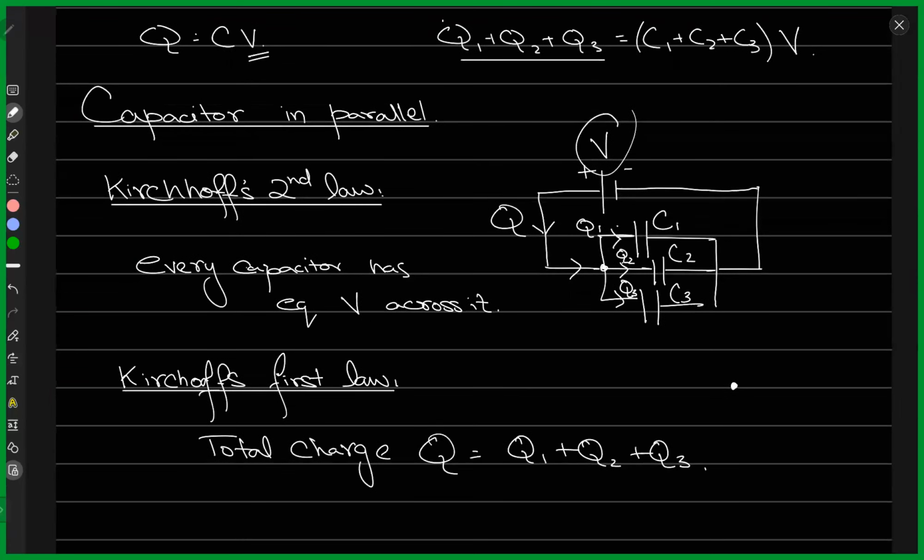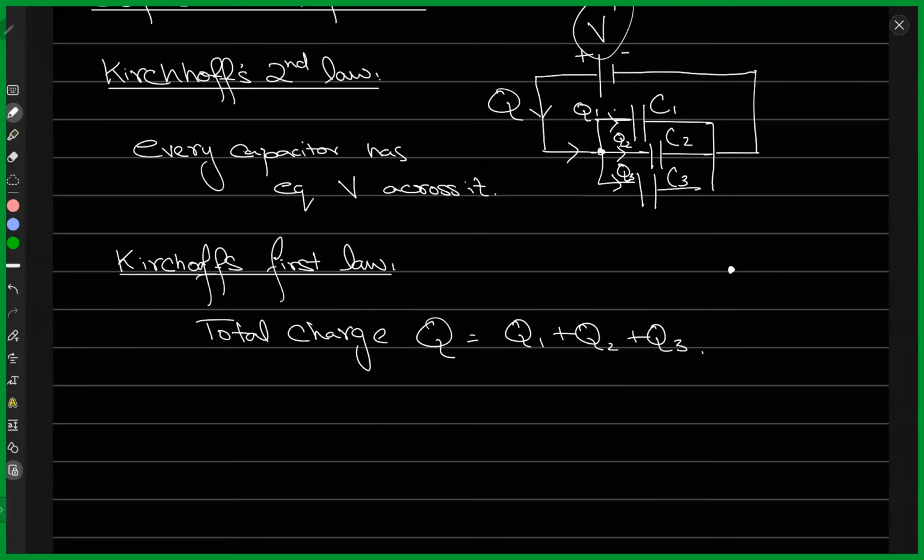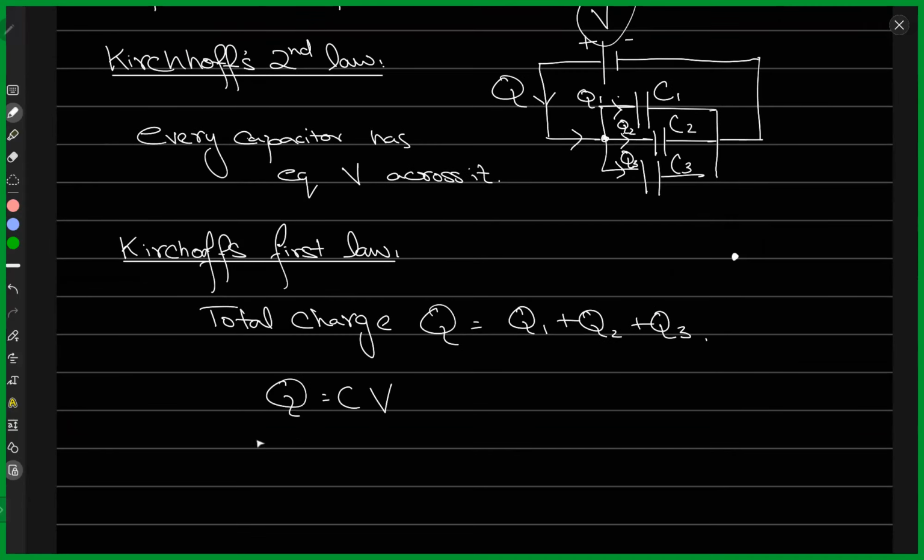And finally, using this information, I can rewrite this equation Q is equal to CV as Q1 plus Q2 plus Q3 for Q, and C is just C1 plus C2 plus C3, right? It's the sum of the capacitors. That's what we want.